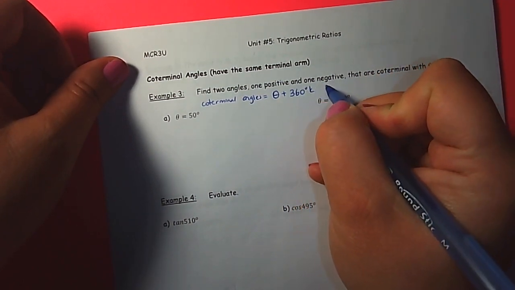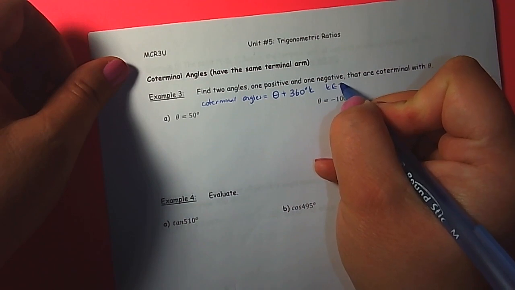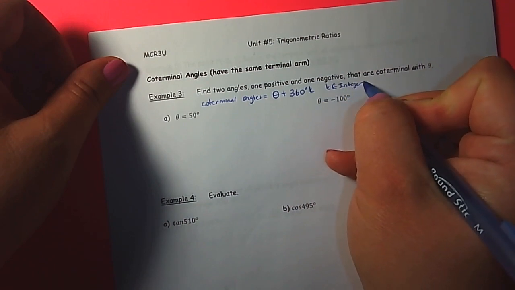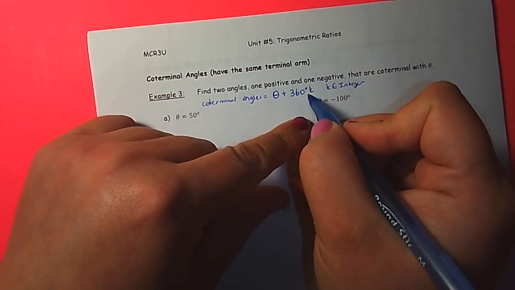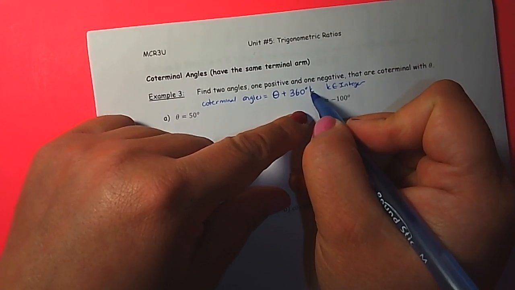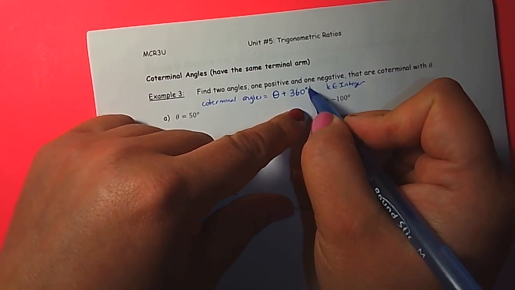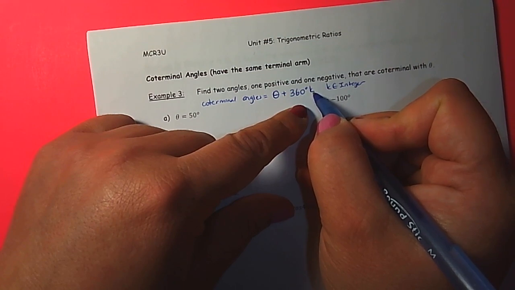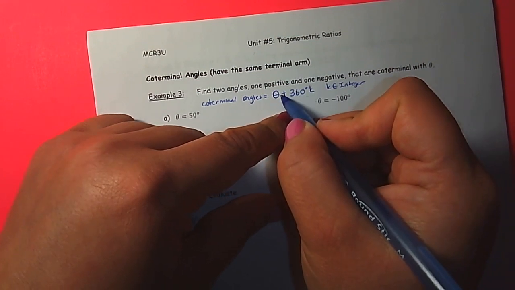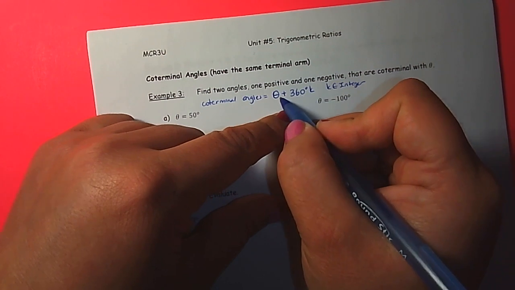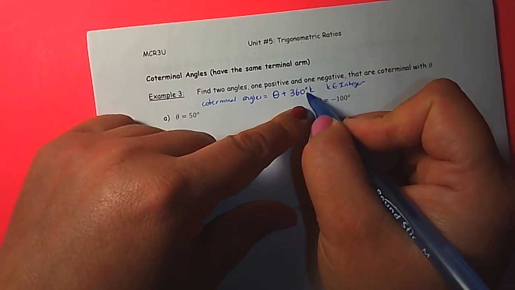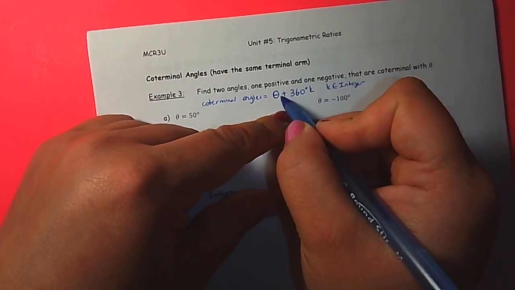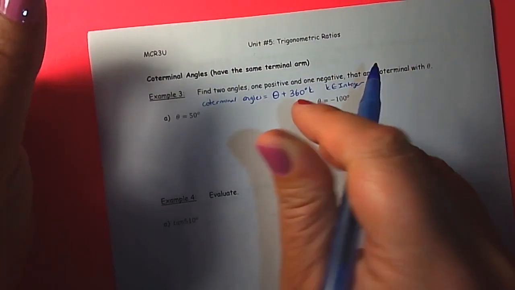Here k is an integer. So you can put 1, so you add 360 to theta, or you can put 2 for k, then you add 720 to theta to get a coterminal angle. Or you can substitute negative 1 for k, then you subtract 360 from theta.